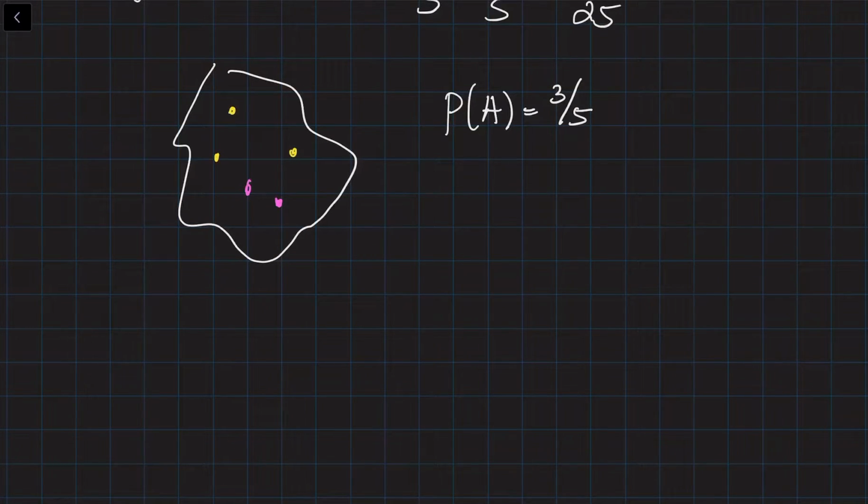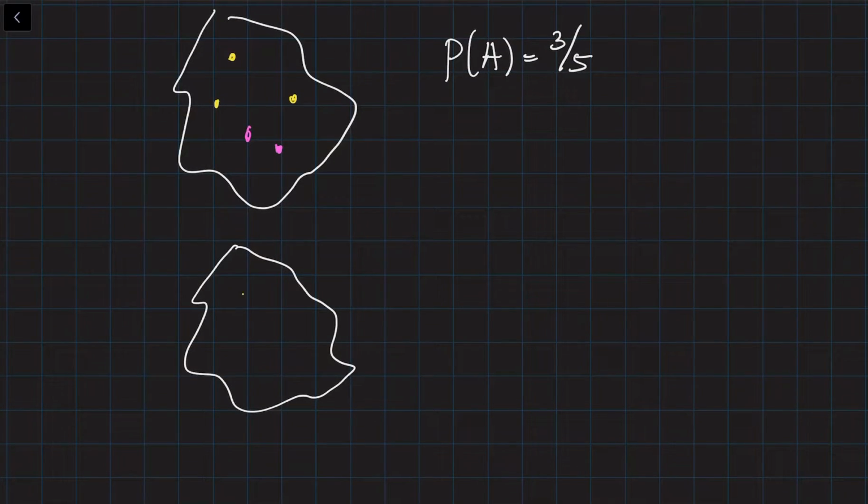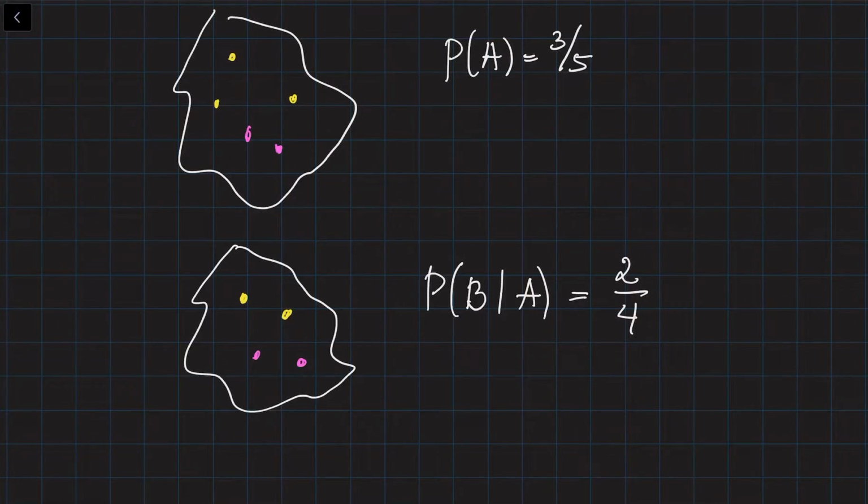Let's assume that in the first trial, you've got the yellow ball. Now, inside the box, you are going to have only 2 yellow balls and 2 pink balls. The probability of choosing B, when you know that A has already happened, is going to be equal to 2 over 4, not 2 over 5 as it was before, right?